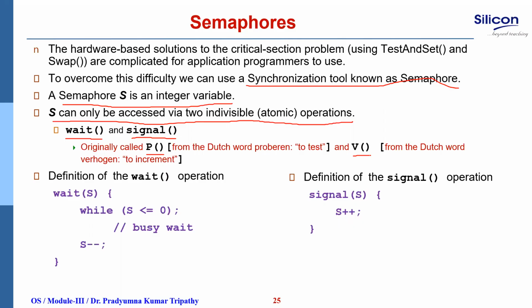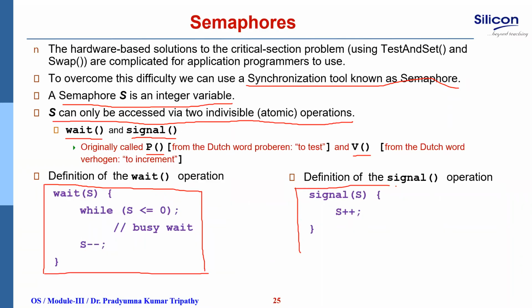Now, what are these P and V operations? Look into this code, and do remember, this code will always be used throughout our discussion, so it's better to remember it. This is for wait, and this is for signal. Wait is called the P operation and signal is called the V operation. See what it does.